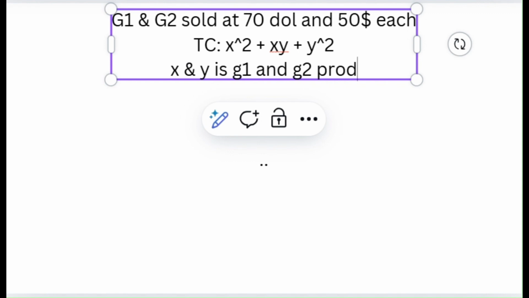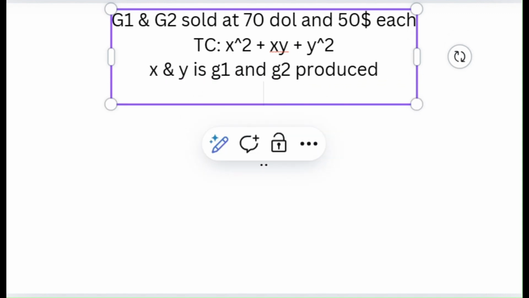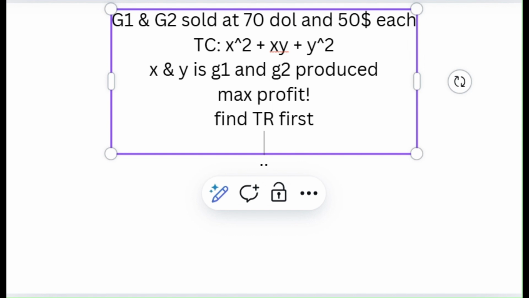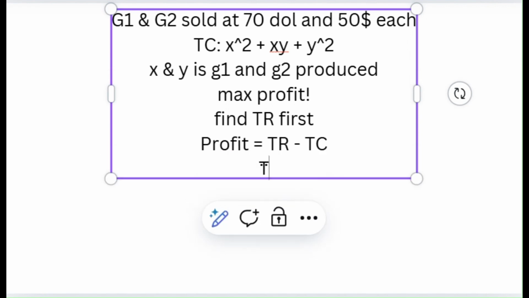We want to maximize profit, which means we need to find the TR equation or total revenue equation, because profit is equal to total revenue minus total cost. The equation for total revenue is 70 times x plus 50 times y.